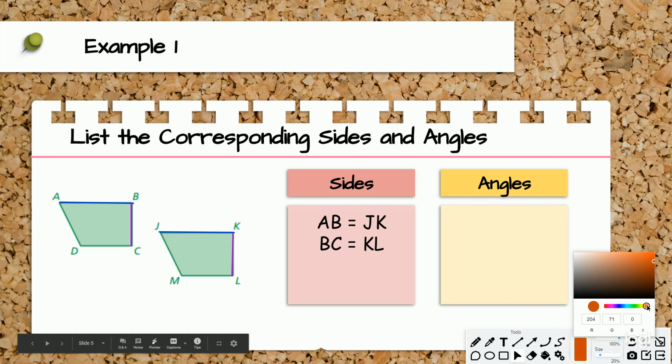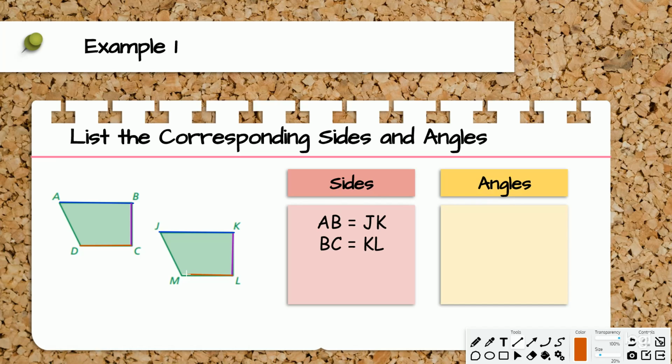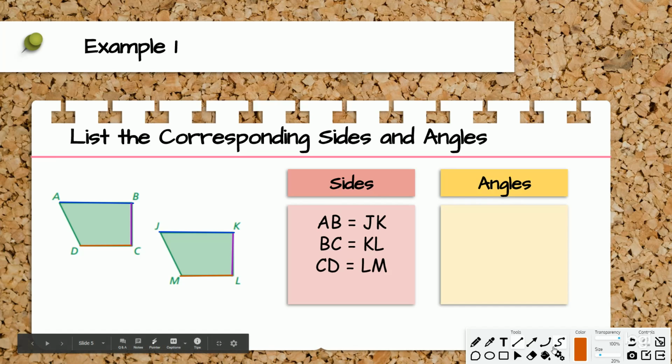The next corresponding side is C to D, and its corresponding side would then be L to M. And then the last one is D back to A, and its corresponding side is M to J.